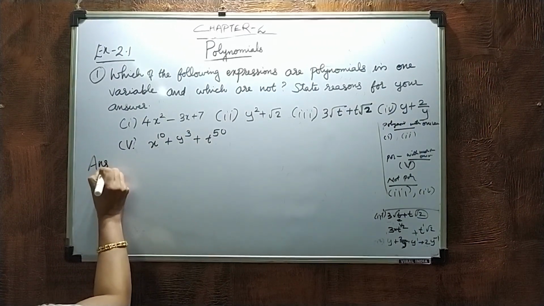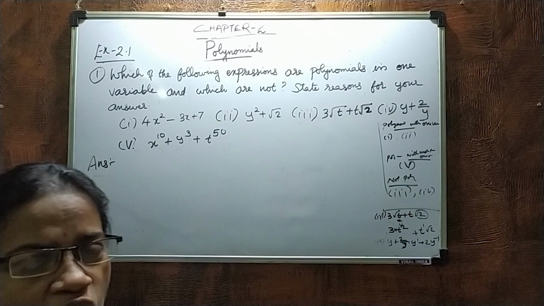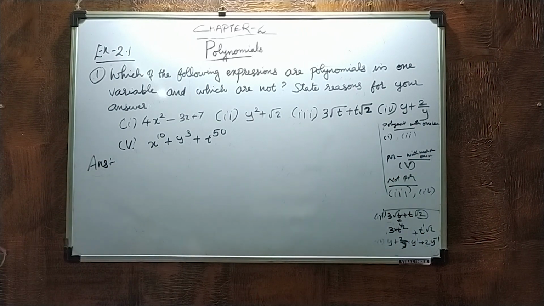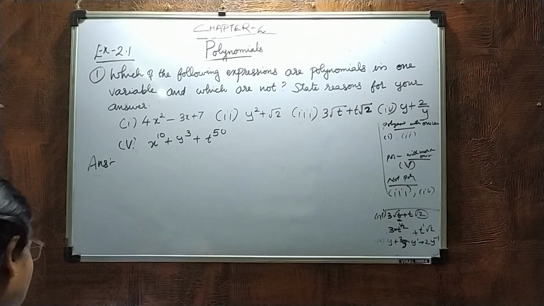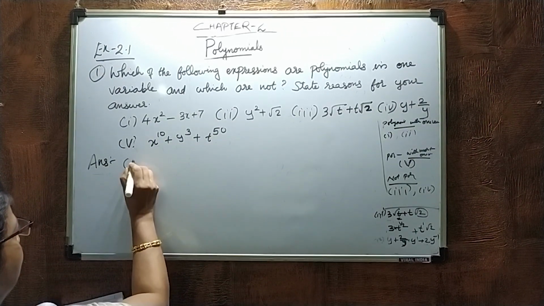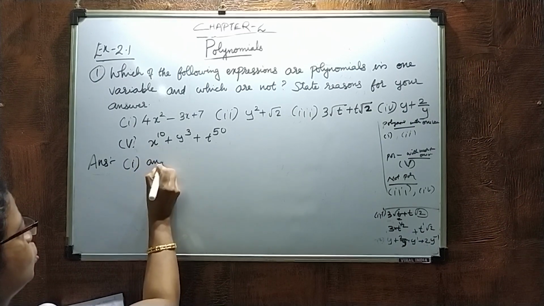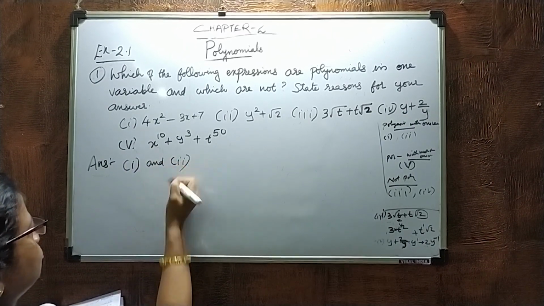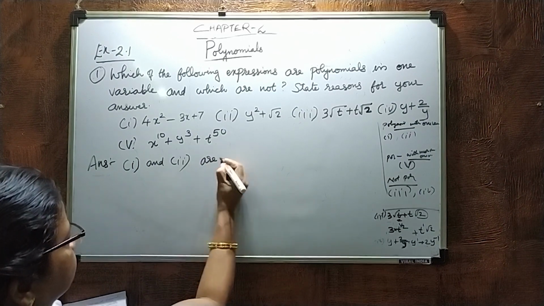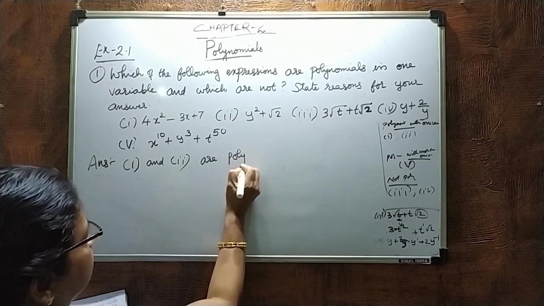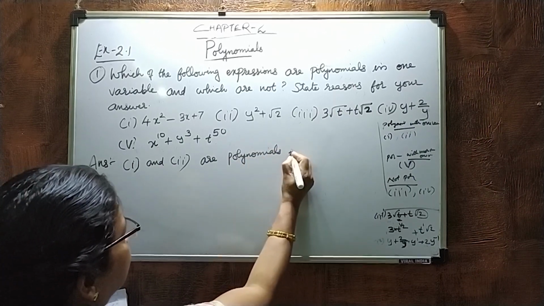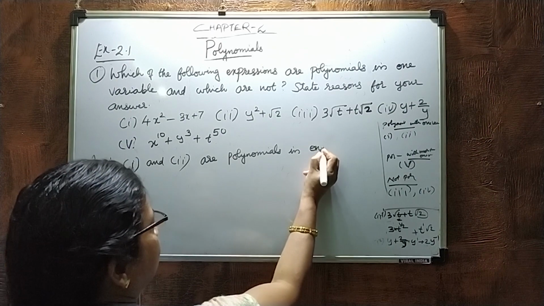Answers. All the things you have to copy in your notebook. Clear? Okay. In question numbers 1 and 2 are polynomials in one variable.